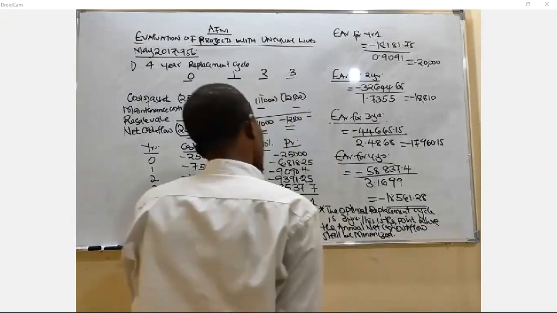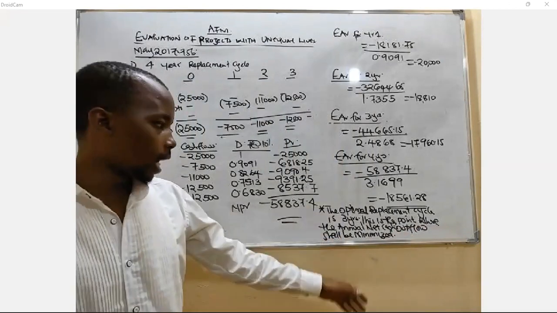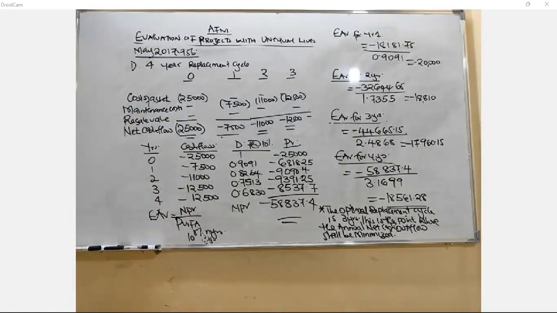That is an area where we are going to be minimizing the cash outflow. And that is how the question is normally done, under the replacement criteria. Any question? Any question there?